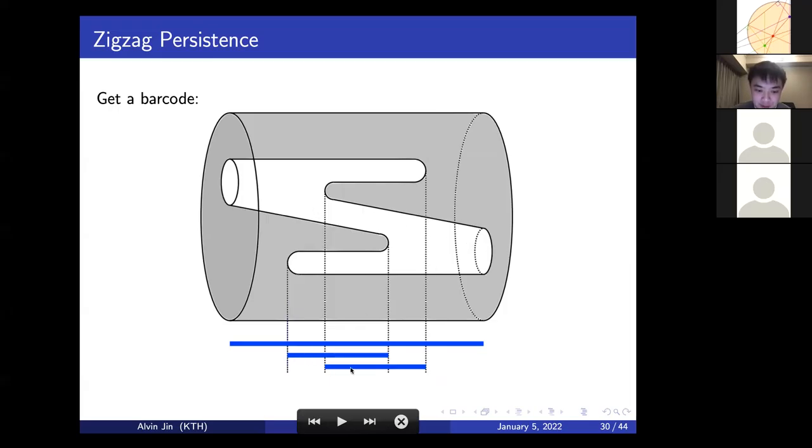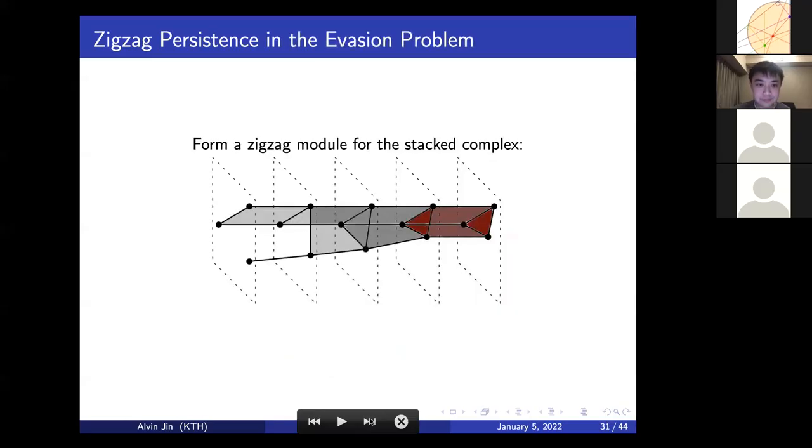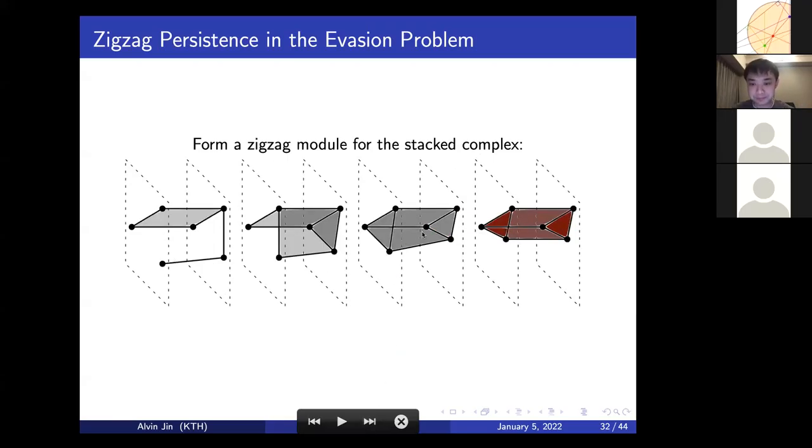And these smaller bars correspond to these smaller holes that appear later in time. So again, we form our zigzag. We look at every slice of time and pick out the important parts of time where our shape actually changes, and we study that.